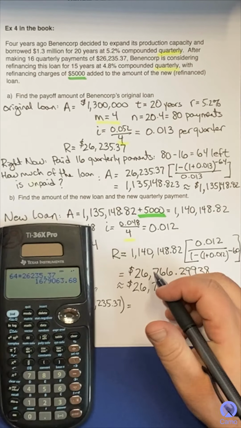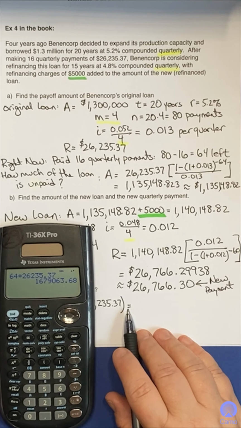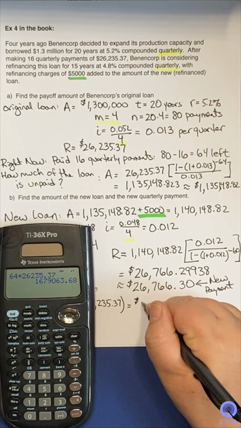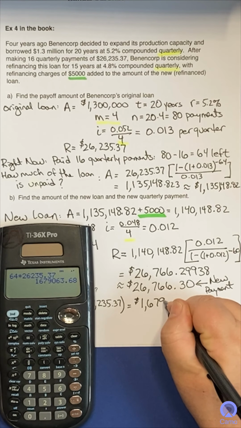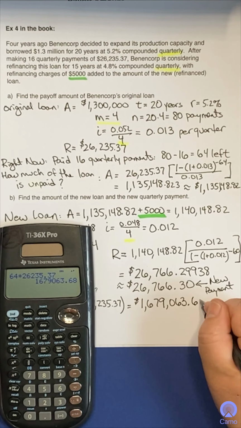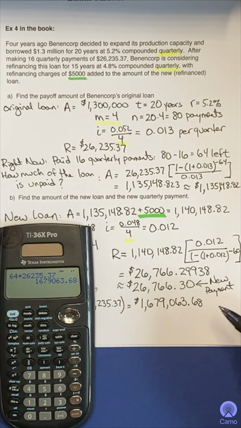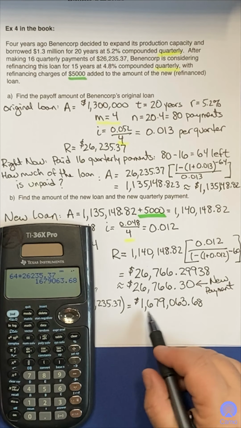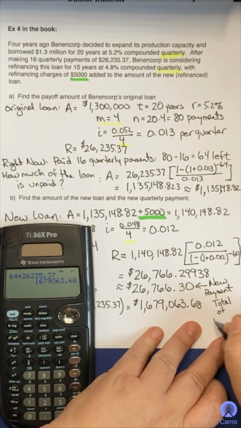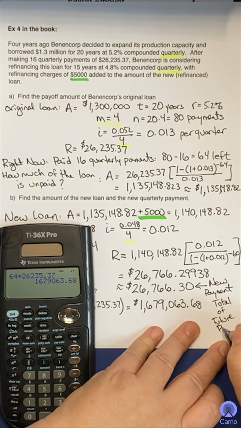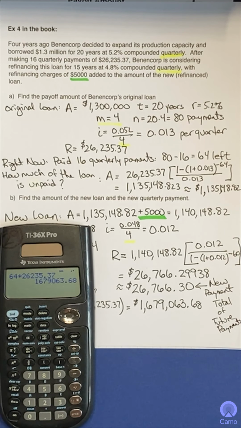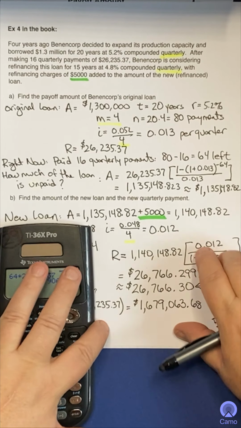And we'll see that the old loan, we still had $1,679,063.68 to pay. This is the total in the future payments. So this is not the value now, but just the total over the lifespan.